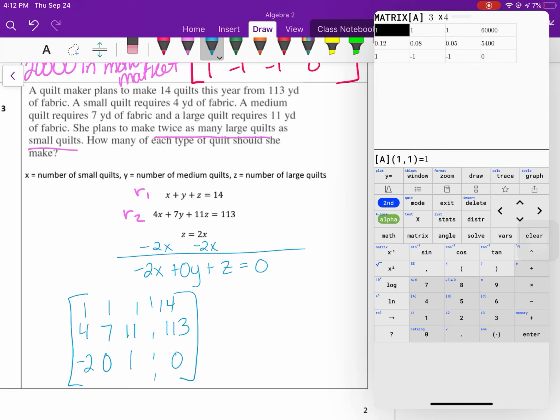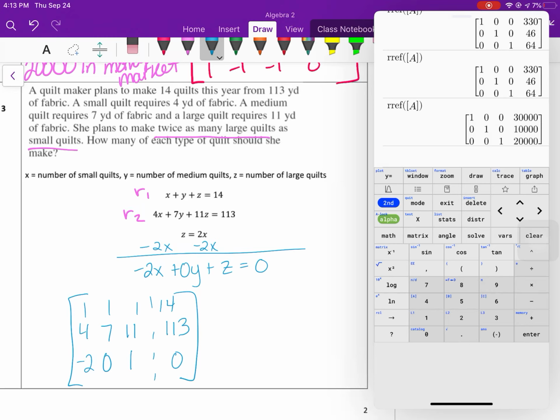So go to matrix, edit that again, and we got a 14 here, 4, 7, 11, 113, and then negative 2, 0, 1, and 0. Okay, exit, copy, enter.